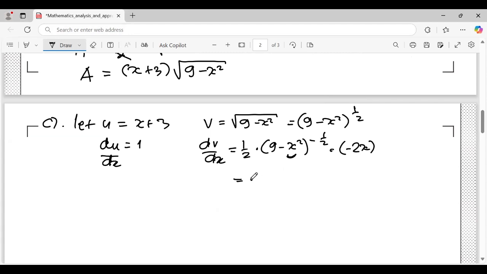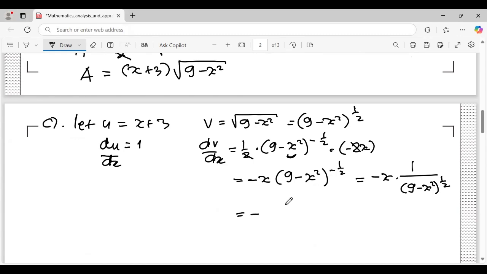So it becomes minus x times 9 minus x squared power minus 1/2, or minus x times 1 over 9 minus x squared power 1/2, and becomes minus x over square root 9 minus x squared.